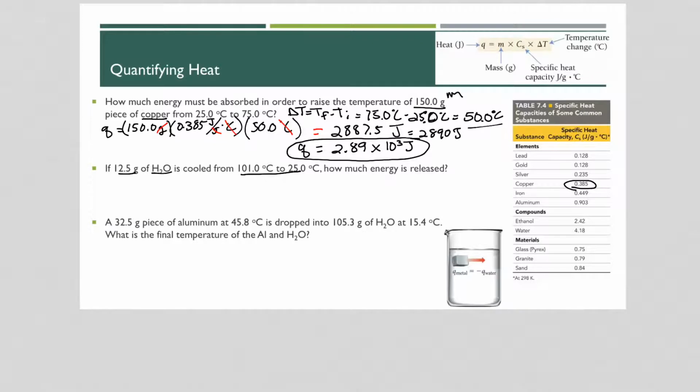So let's do my delta T here. What is my final temperature? That's 25. My initial is 101.0.